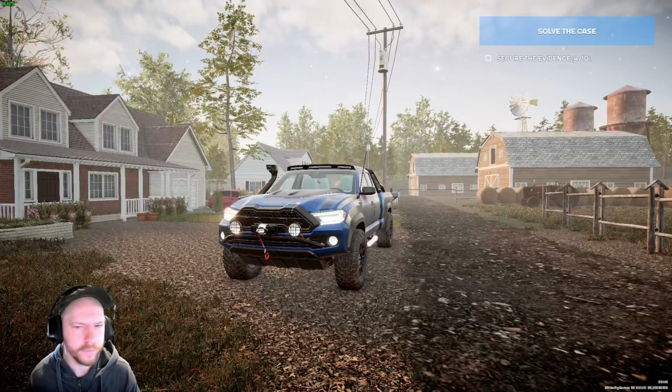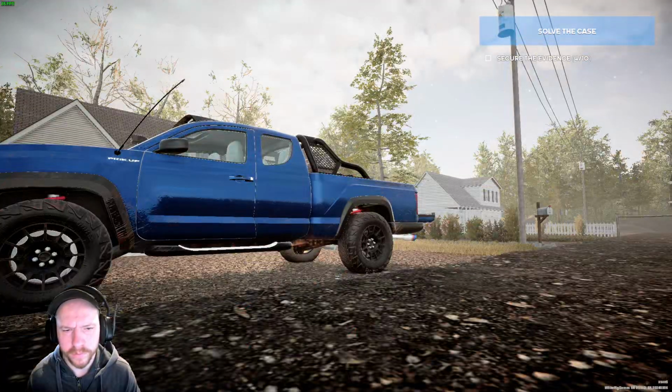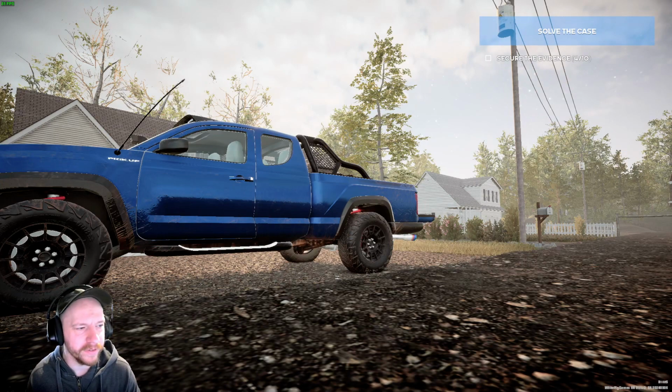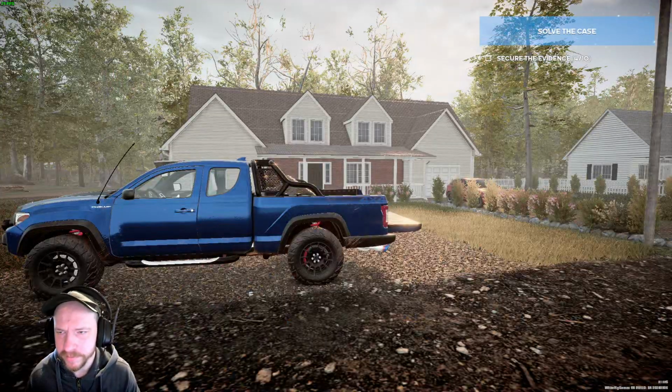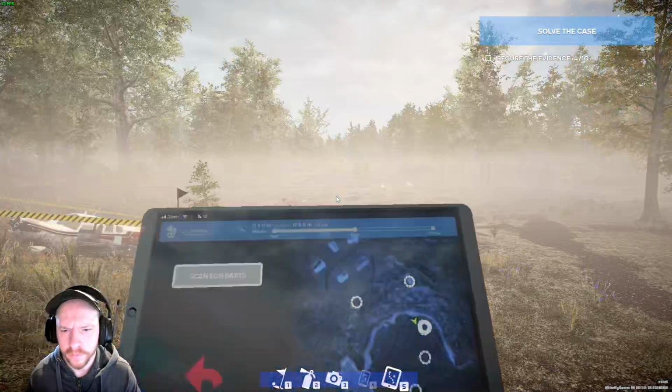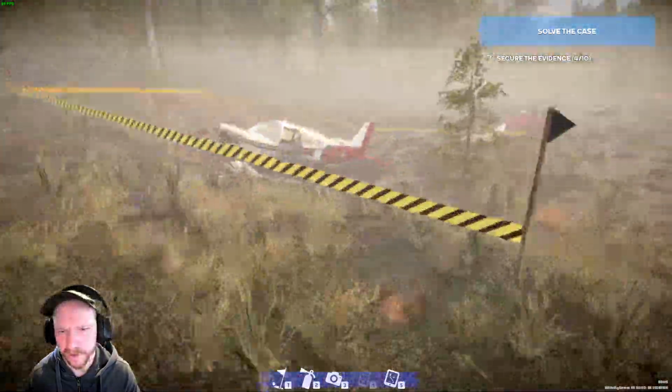Zone 2. Zone 1. Okay, there is a lot of evidence we haven't got yet. There's one really big piece by the looks of it that we stood right next to. Okay, we are literally stood right next to a load of evidence, apparently.